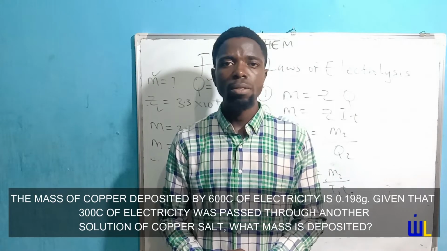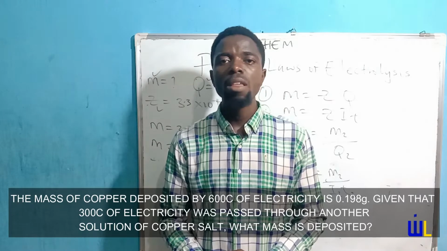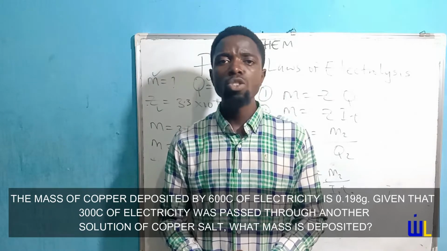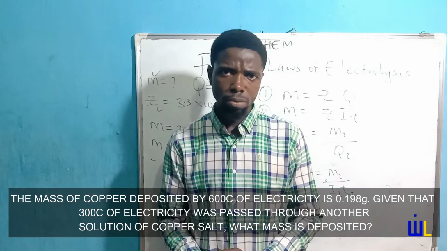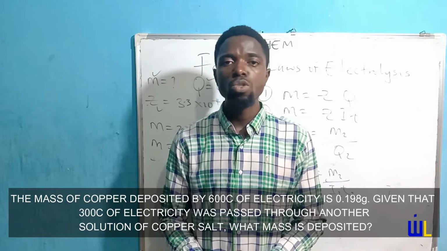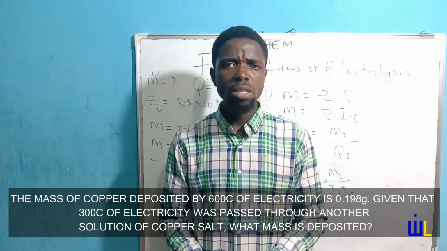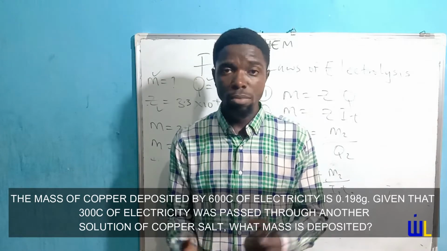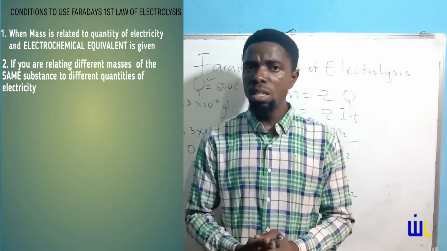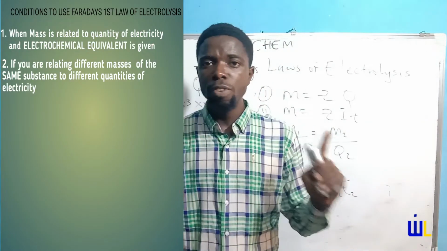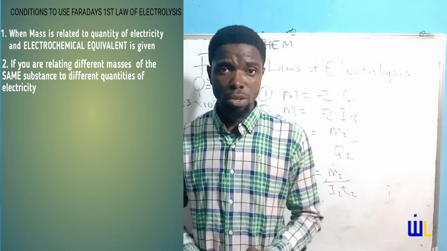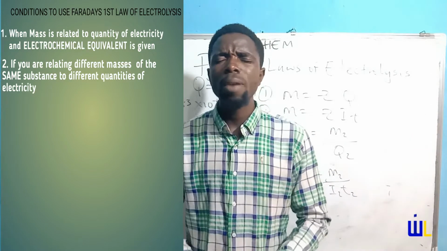Given that 300 coulombs of electricity was passed through another solution of copper salt, what is the mass of copper deposited? So we have that. In this case now, you are relating different masses of the same copper deposited by different quantities of electricity. What law are you going to apply?